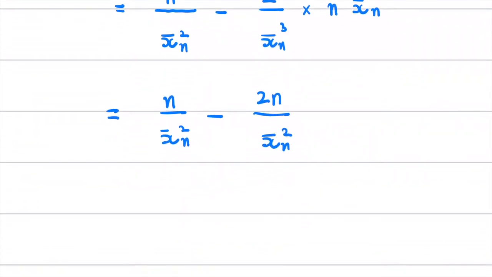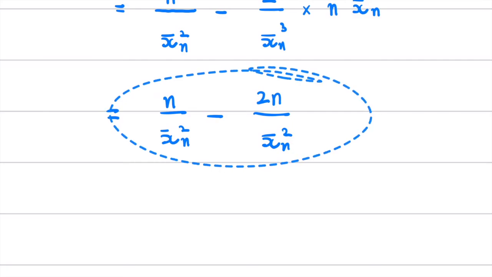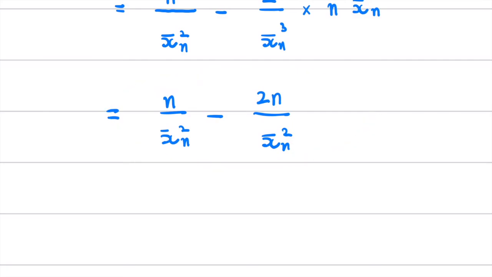And now you'll notice that the denominator is the same here, so this has a nice closed form. This just becomes negative n on x n bar squared, which, surprise, surprise, is less than 0. Why is that less than 0?